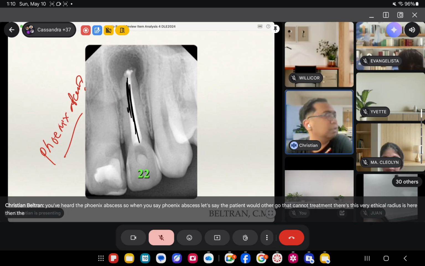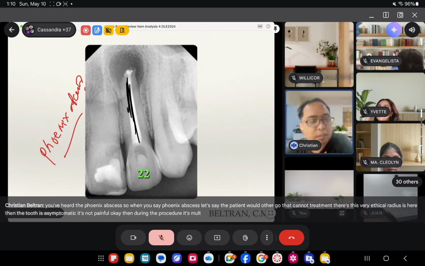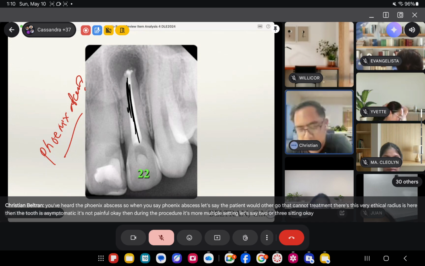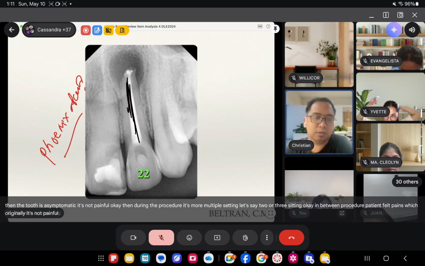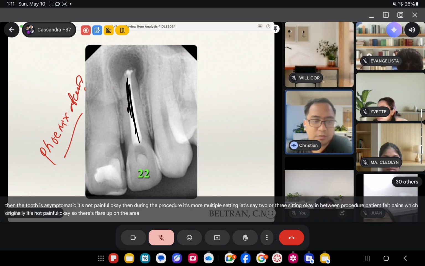Then the tooth is asymptomatic. It's not painful. Okay? Then during the procedure, diba, it's multiple sitting. Let's say 2 or 3 sitting. In between procedure, patient felt pain. Sumakit yung tooth, which originally it's not painful. Okay, so there's flare up on the area. So when there's flare up, it's painful. We call that your phoenix abscess.